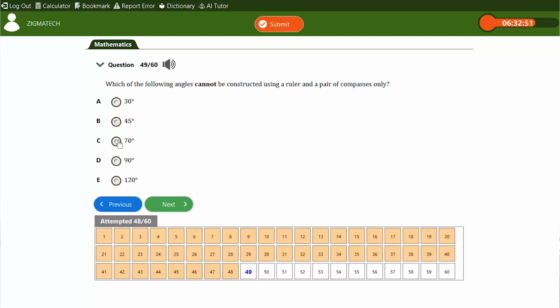So 70, for instance, cannot be constructed. There is no magic you will do. We can even construct 75. Do you understand me? But for 70, it can't be constructed. So 70 cannot be constructed using a ruler and a pair of compass. 30 can be constructed, 45 can be constructed, 90 can be constructed, 120 can be constructed. All right, so let's go to the next one.